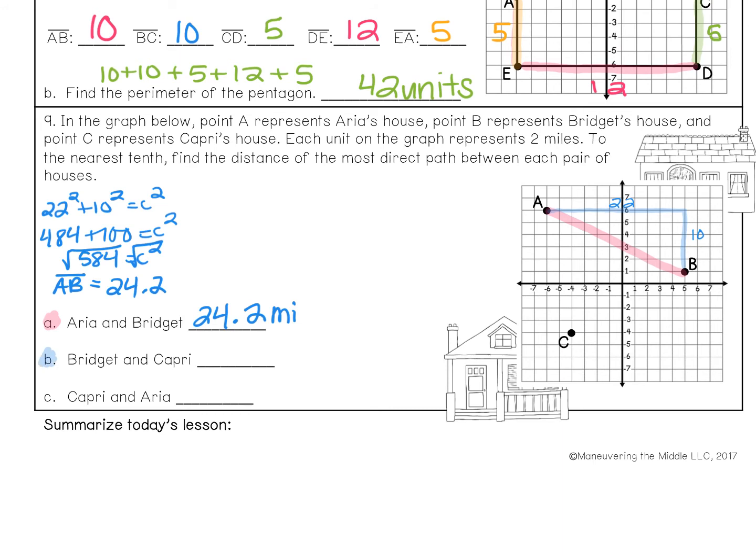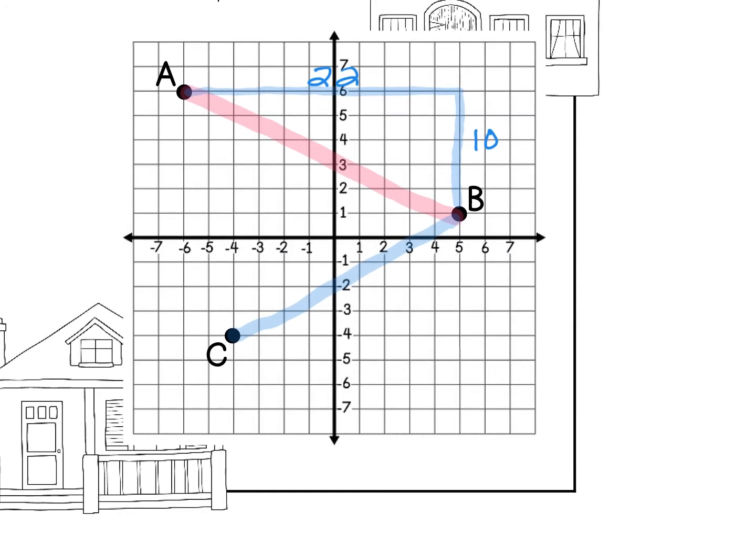Now let's look at Bridget and Capri, or B to C. Again, this is a diagonal, so I'm going to use the Pythagorean theorem to help me. Now remember, each unit is actually 2 miles. So instead of saying that this is 5, I'm going to say that it's 10. And instead of saying that this is 9, I'm going to say that it's 18.